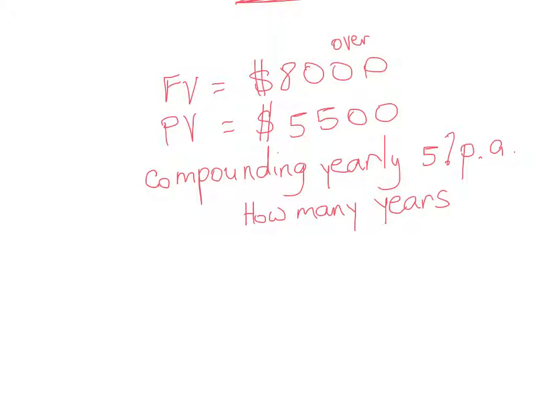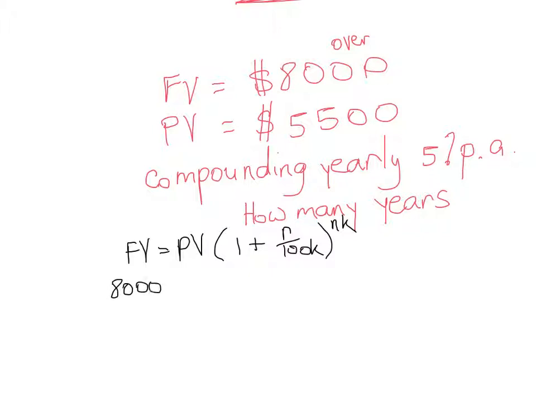We can get this all in an equation, the same equation we were using before. So I'll get that down. FV equals PV times (1 plus R over 100K) to the NK. Our future value, what we end up with, is $8,000.